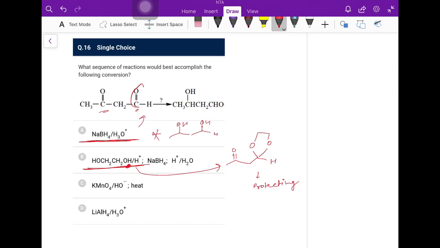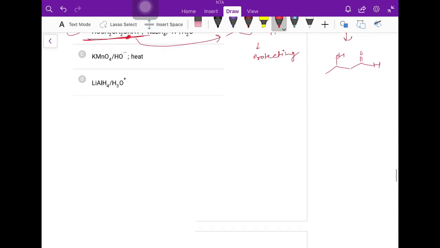Because we want to do the reduction, but we do not want the reduction to happen at this position CHO. So we have first protected the group using ethylene glycol, and now we will reduce it with NaBH4. So only the ketone part gets reduced. This becomes OH. This is still the same, and then with H3O plus we remove this part, and the aldehyde is again formed. So B is the correct option here.